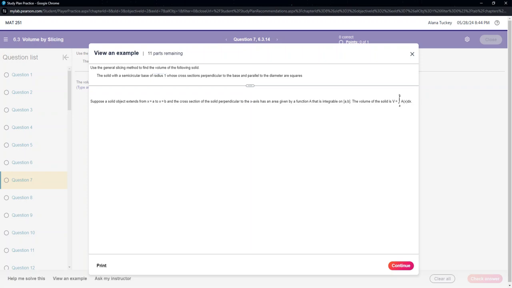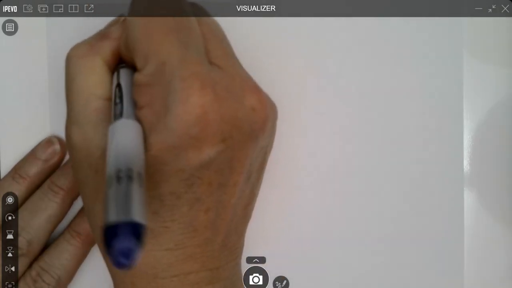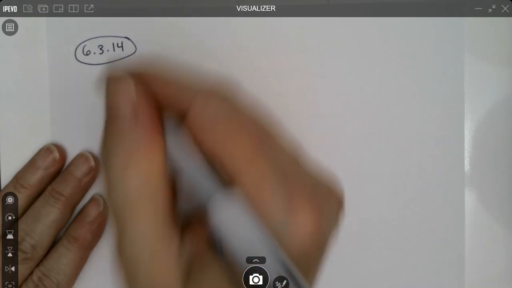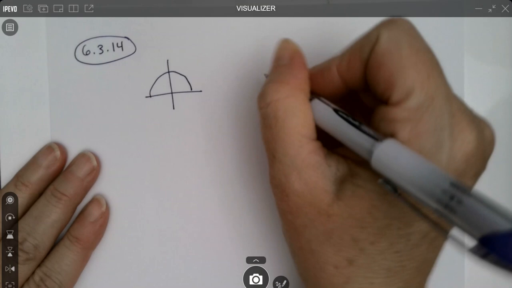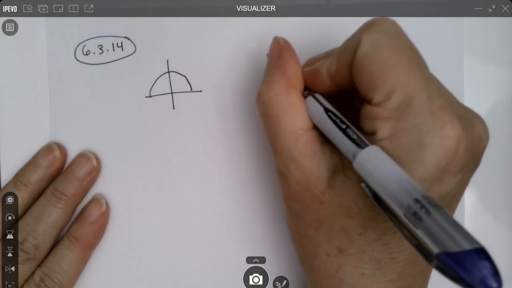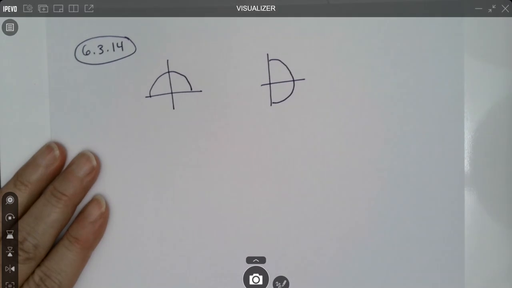Okay, so the thing about a semicircular base is you can kind of put it either way. So let me label this. You could go this way, or you could go this way. Either way it works, right? They're both semicircular bases.